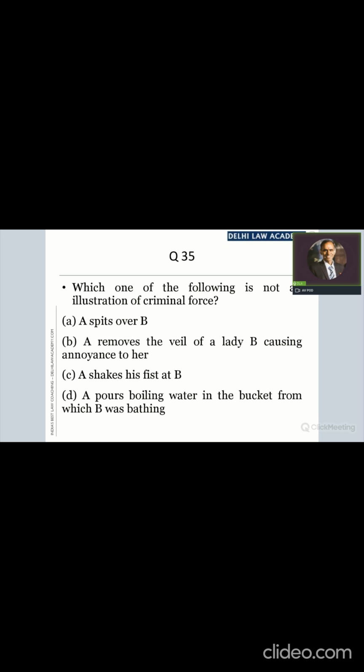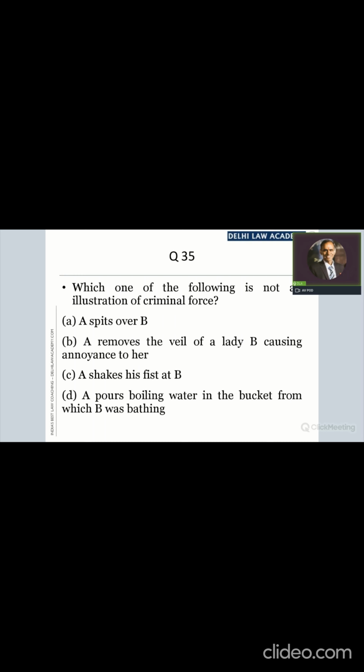We do not know whether B's consent is there or not. Secondly, it is possible that the water which is already there in his bucket is very, very cold and he wants that water to be warmed up. So he might have asked A to pour boiling water in the bucket so that overall it becomes convenient for him to take his bath. Maybe it's winter time.